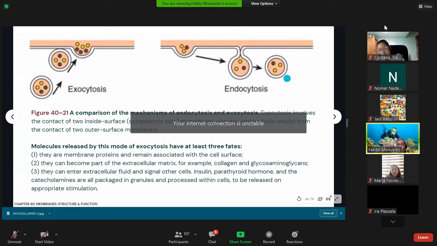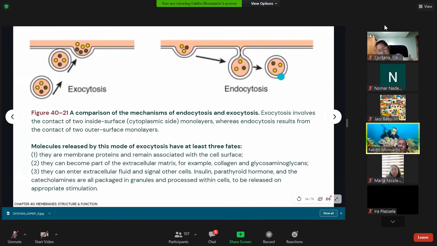And what happens to the membrane here will be degraded into phospholipids, fatty acids, amino acids, and will be material used again for forming membranes.